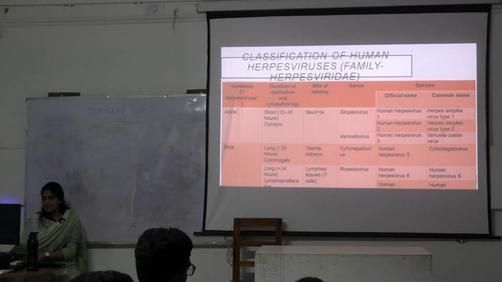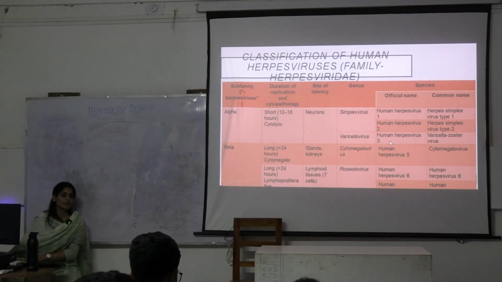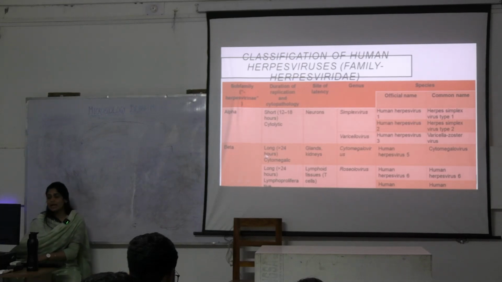Based on latency we were seeing, just take a look. This neuron site of latency is for 1, 2 and 3, and it is cytolytic. Later, beta has long duration of replication, which is more than 24 hours, and it is cytomegalic. What do you mean by cytomegalic?